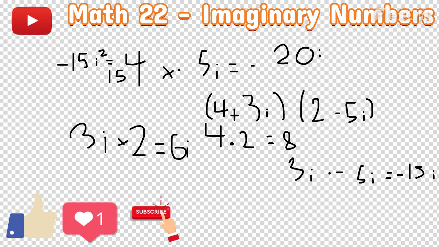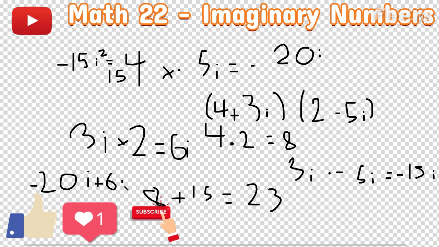Furthermore, we can combine like terms. 8 plus 15 is equal to 23, and negative 20i plus 6i is equal to negative 14i.